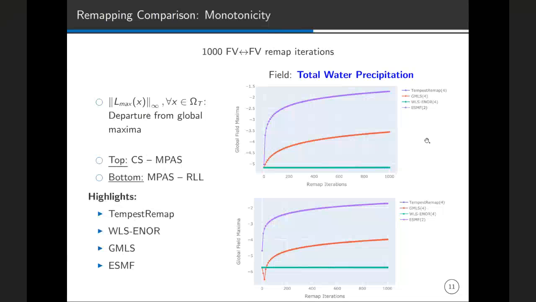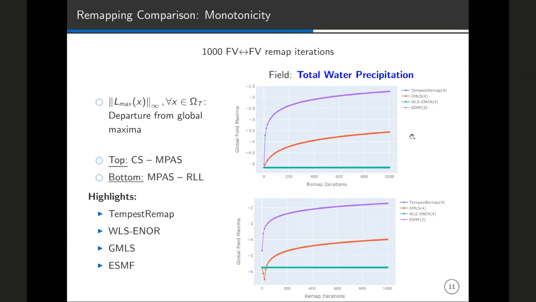And the total precipitation has a very similar trend as well. Here, the WS-ENOR stays flat, and so definitely that beats most of these other methods, and that's overlaid on top of the Tempest remap solution here. And the GMLS and the ESMF actually perform the worst in this particular case.